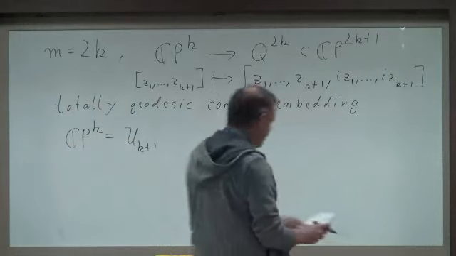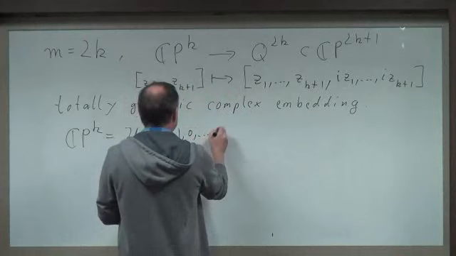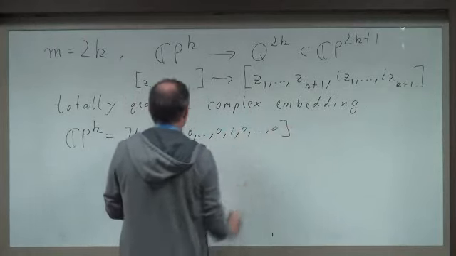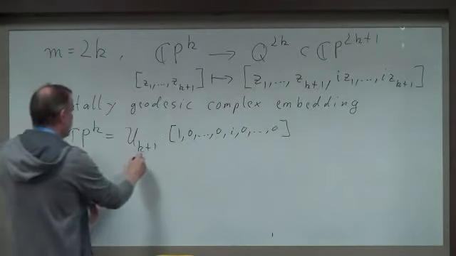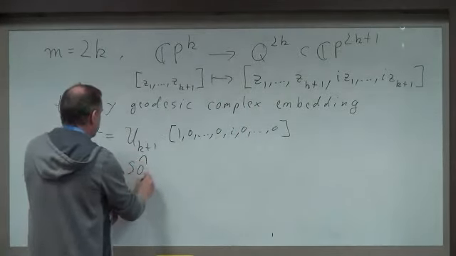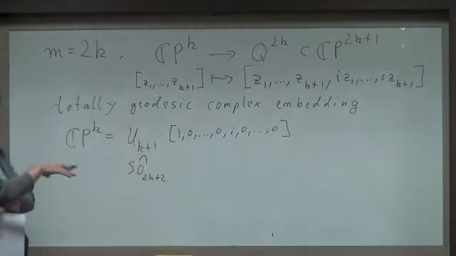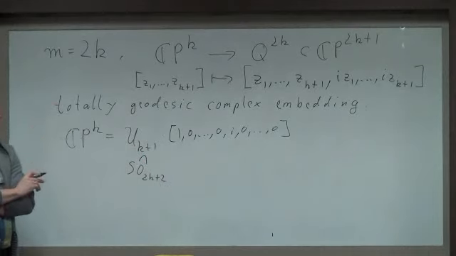Which point did I take? Oh, I just 1, 0, 0, i, 0, 0. And this U(k plus 1) sits inside the SO(2k plus 2). So this is how one gets this particular embedding as an orbit of a U(k plus 1).